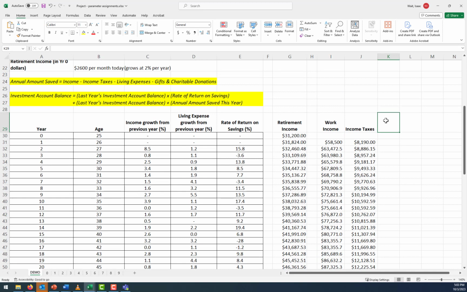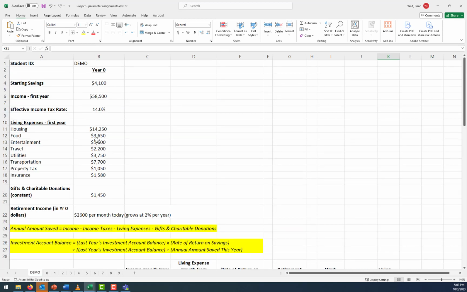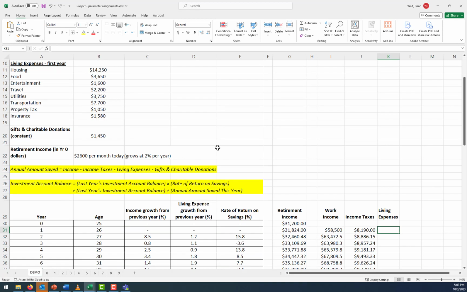All right, what about living expenses? Just like the income hits all at once at the end of the first year, so do the living expenses. So these living expenses are all going to accumulate from living between time 0 and time 1, and then those bills are due at time 1.